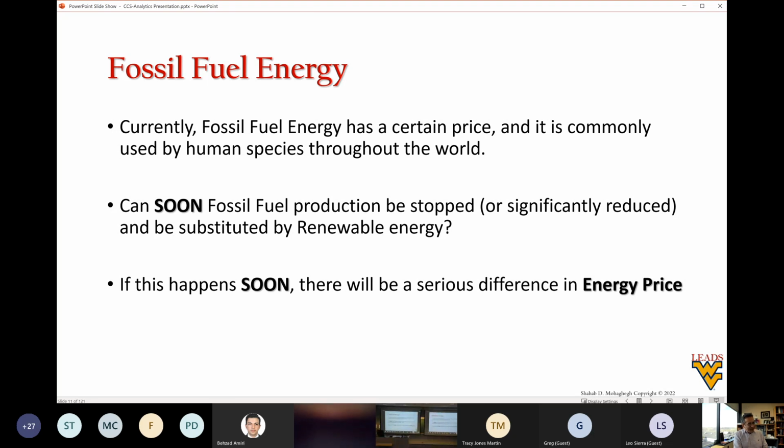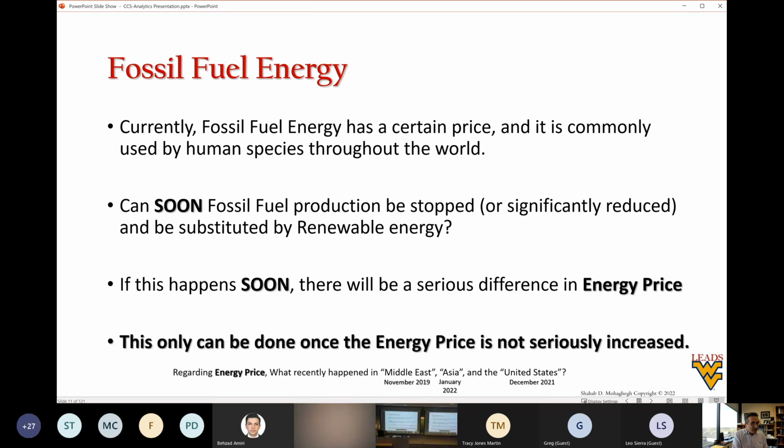Keep one thing in mind: if this happens soon, there will be a serious difference in the energy price. Why? Because renewable energy, right now in 2020 or in this decade, we've been using it for a couple of decades. It's a good thing, but right now its price is not the same.